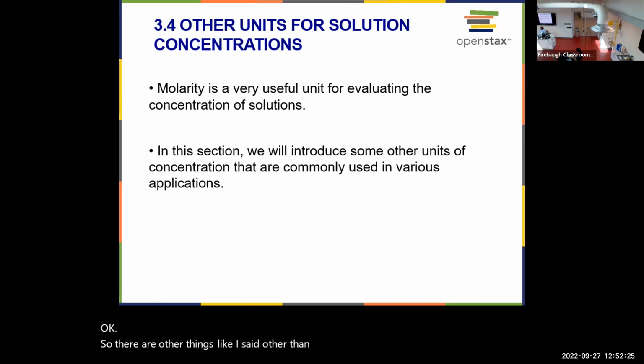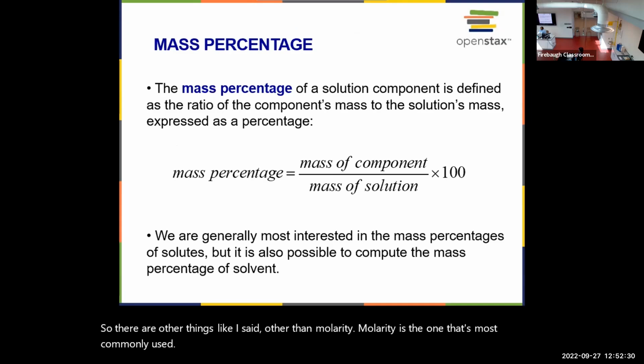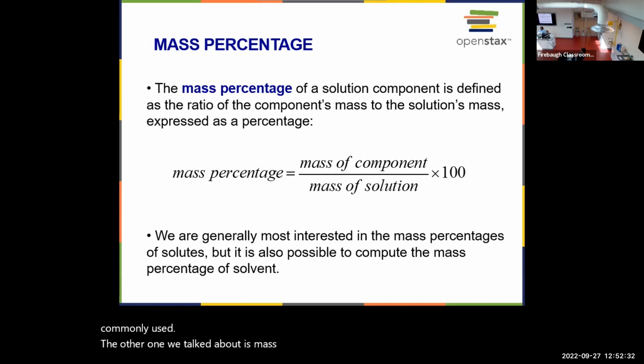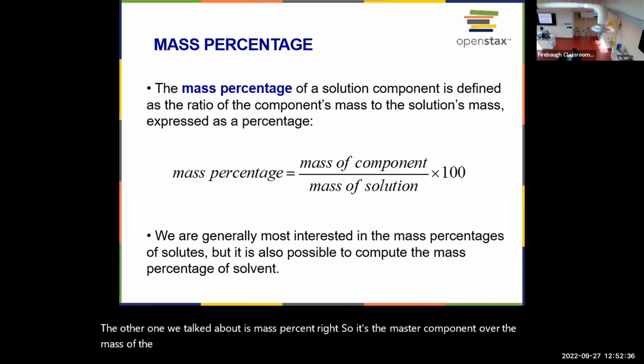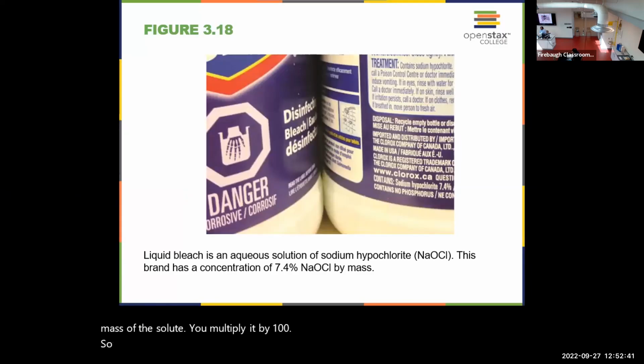Polarity is the one that's confused. The other one we talked about is mass percent. Does the mass per component, or the mass of the solute, equal 100? So another example is liquid. 7.4% sodium carbonate, or sodium hypocarbonate.